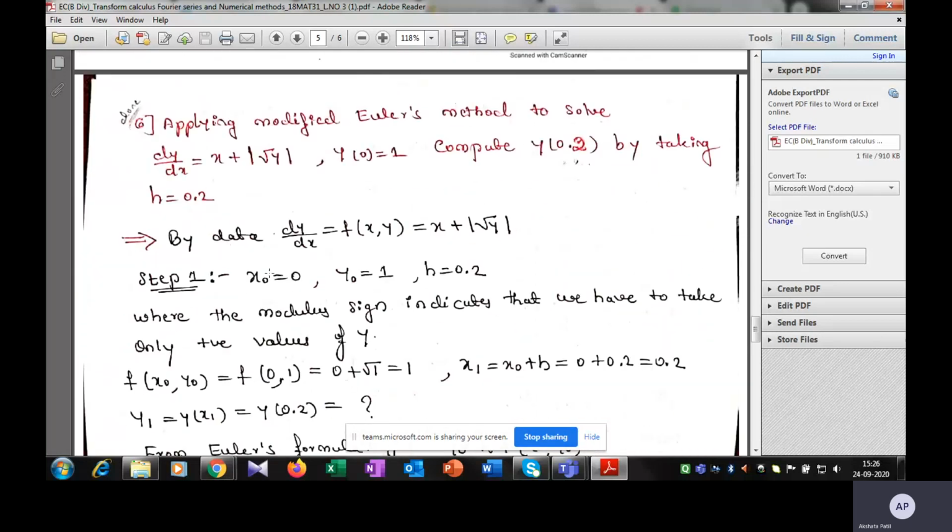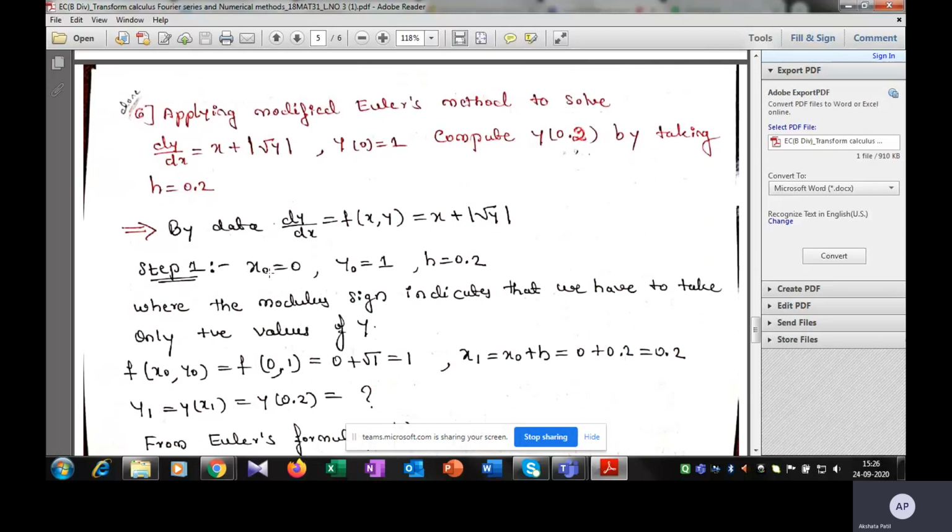Now let us solve one more example here. Example number 6: applying the modified Euler's method to solve dy by dx equals x plus mod of root y, with y of 0 equals 1, compute y of 0.2 by taking h equals 0.2.